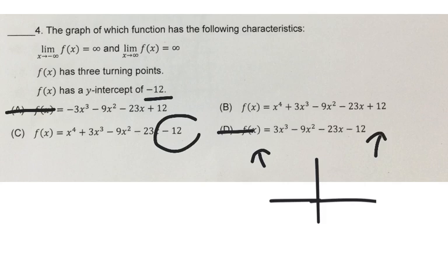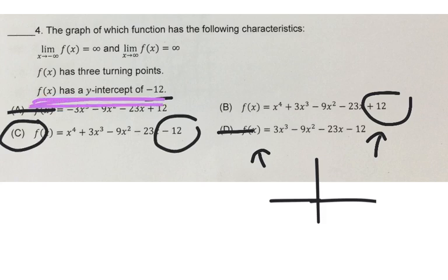This one is negative 12. This one is positive 12. Let's see. If you did this one first, you could have gotten down to C or D. They're the ones that have negative 12. And you could have guessed from there. If you just know one or the other, you get yourself to a 50-50 chance.